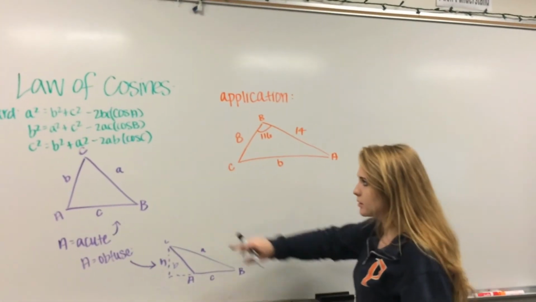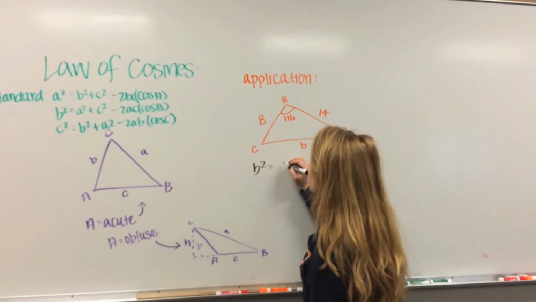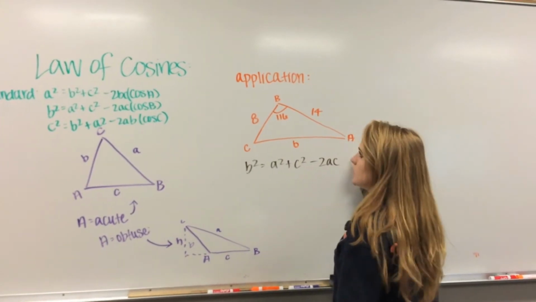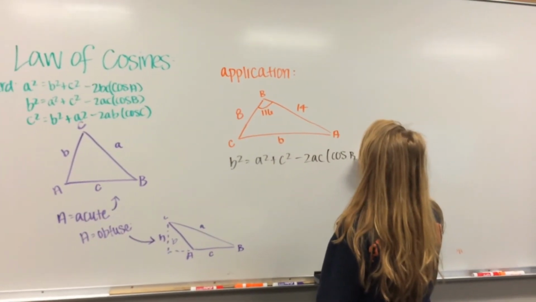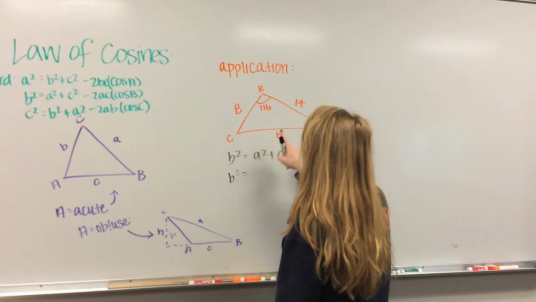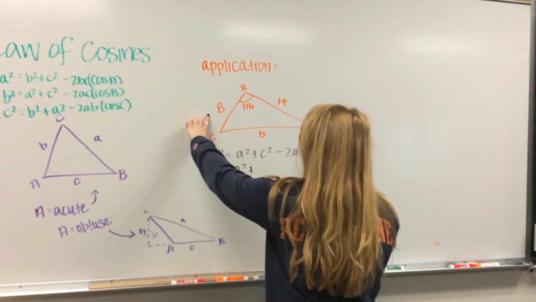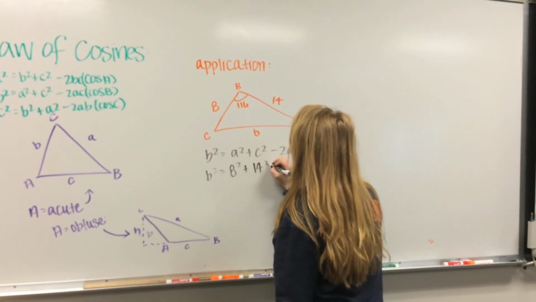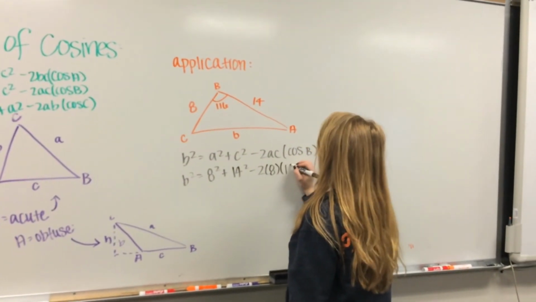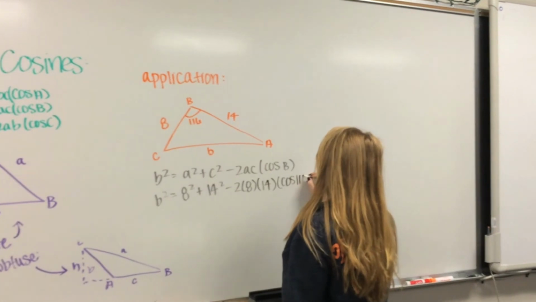Okay, so now we're going to talk about standard form, and we're going to use this equation right here: b squared equals a squared plus c squared minus 2ac times the cosine of B. So b squared, we don't know what that is. a squared, the side opposite angle A, is going to be 8, plus c squared, which is 14 squared, minus 2ac, so 8 and 14, times cosine of angle B, which is 116.